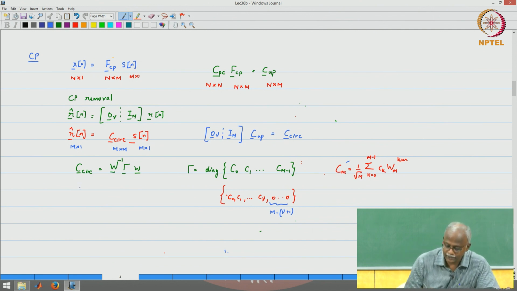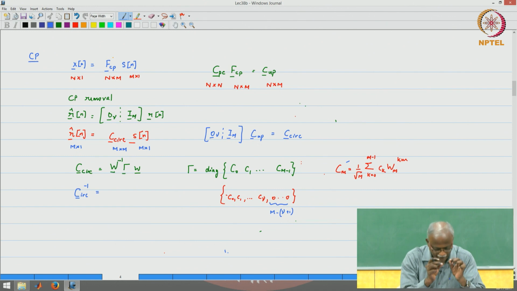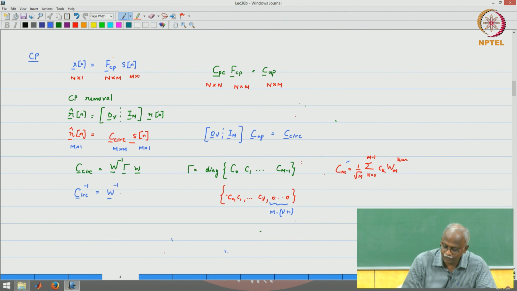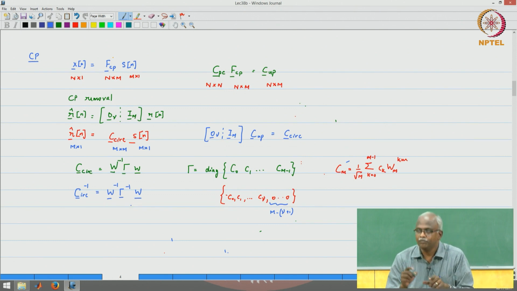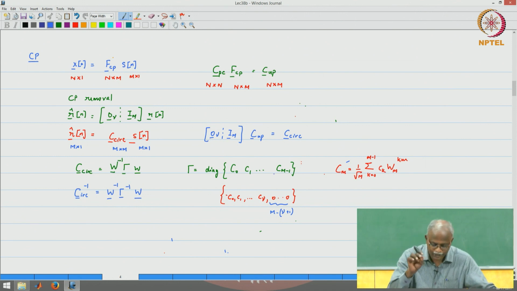And this tells us that the circulant matrix can always be inverted with some small error which is negligible from our point of view, and that will be equal to W inverse gamma inverse times W. Basically that is done by perturbing: if any of these channel coefficients is very close to 0, you replace it with some constant epsilon and then do that.